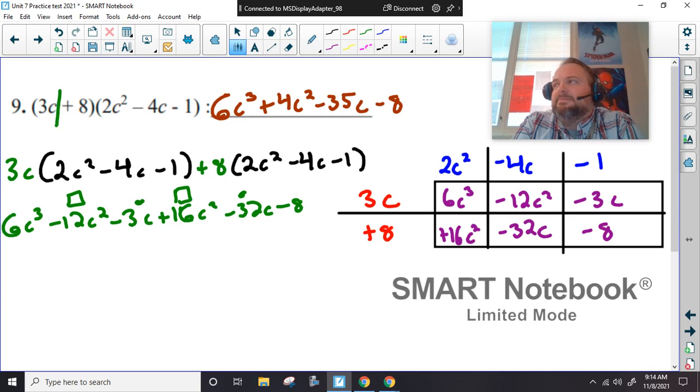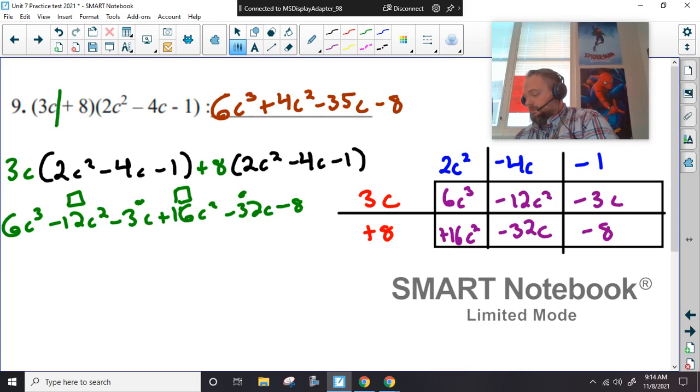But do you get it right? No, you have it done right. You see how I have 3C right here? You just have those in opposite places. You still got to combine your like terms.